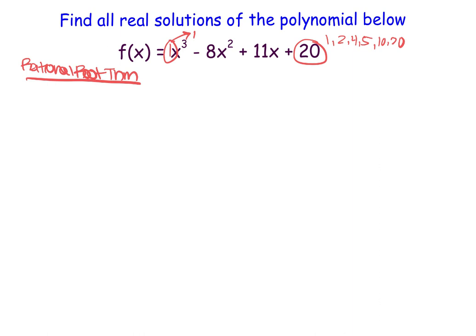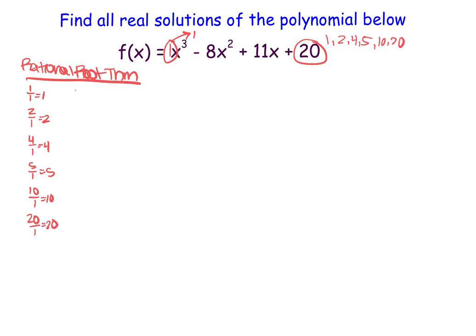So we're going to do 1 divided by 1, which is 1, 2 divided by 1, which is 2, 4 divided by 1, which is 4, 5 divided by 1, which is 5, 10 divided by 1, which is just 10, and 20 divided by 1, which is just 20.